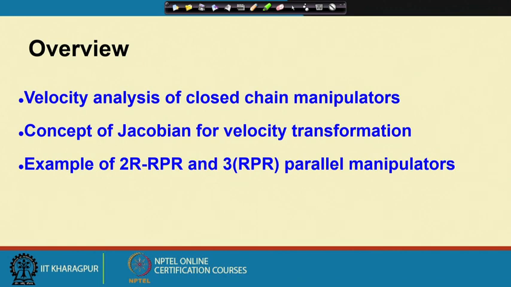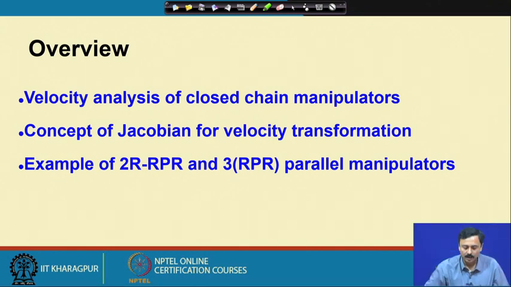So, we are going to look at velocity analysis of closed chain manipulators, and I will take two examples, 2 RPR and 3 RPR parallel manipulators. These are planar manipulators. We have already looked at the displacement analysis of both these parallel manipulator chains.